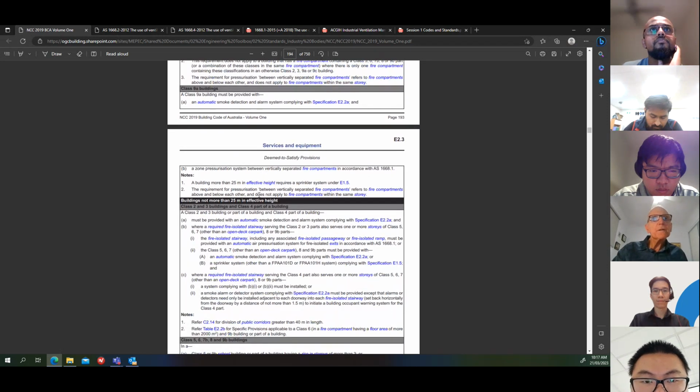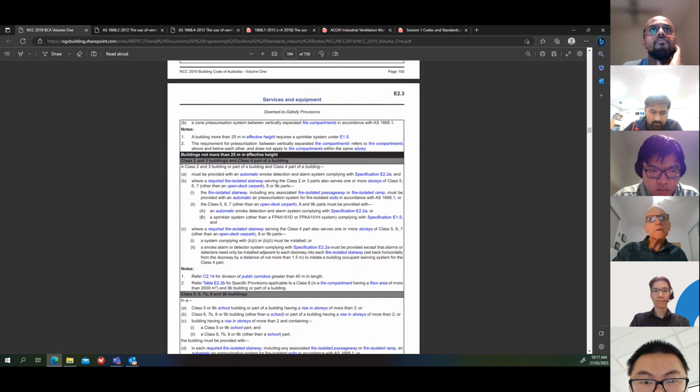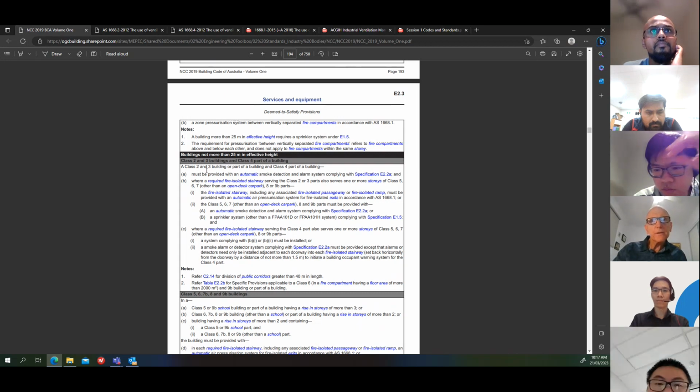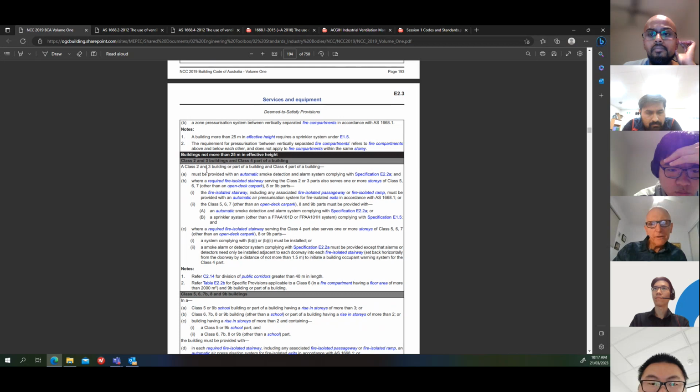hospital healthcare buildings. Now, buildings not more than 25 metres in effective height. The rules change a bit here. For a start, you don't need stair pressurisation. Okay. However, one of the other documents that you need to refer to when you start a project is the fire engineering report. Just about every project these days has a fire engineering report, and they might change things.